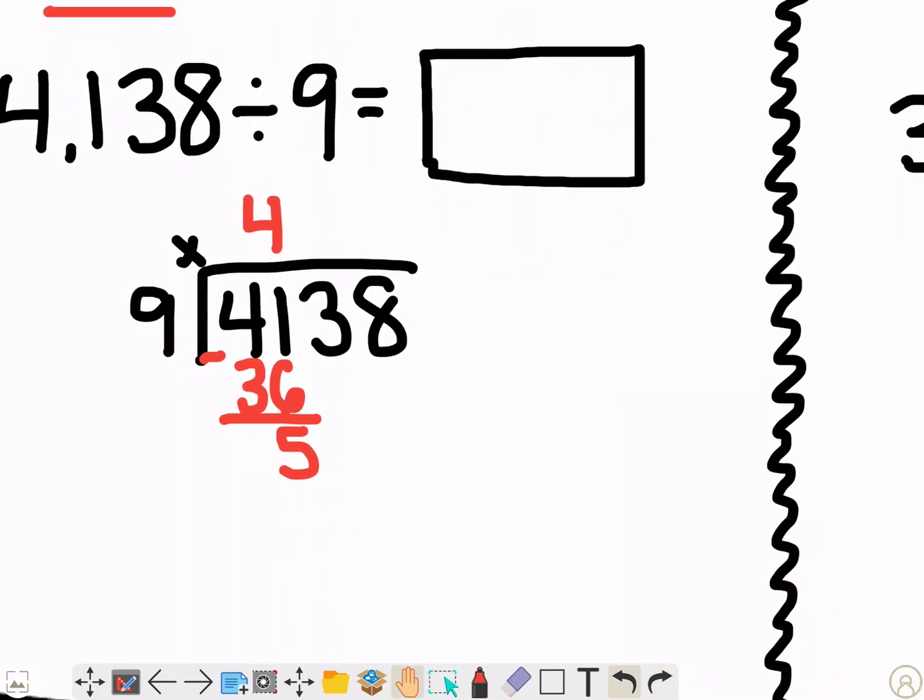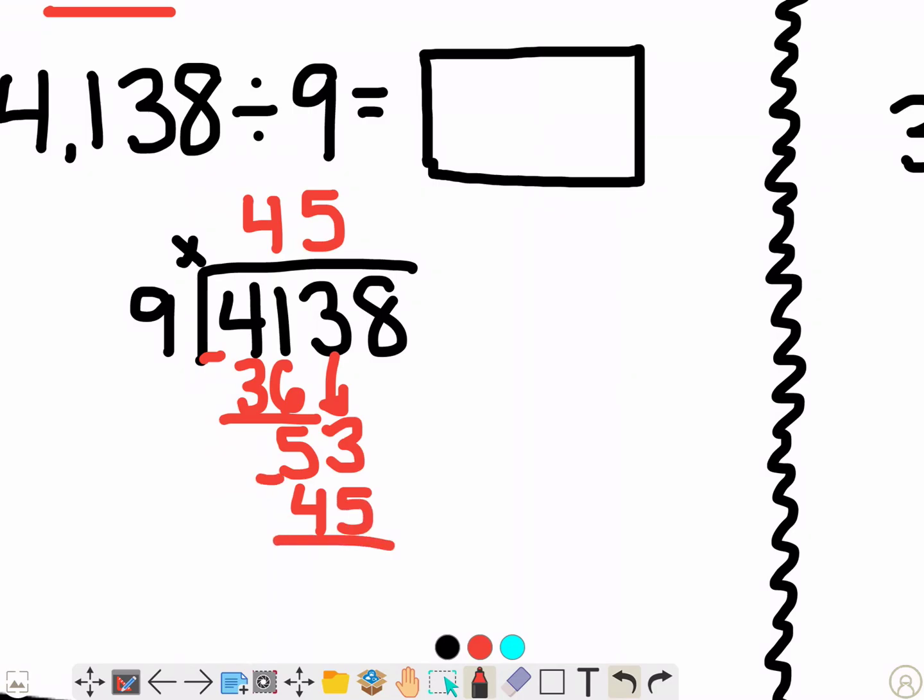Okay, so now I have 500s, and I'm going to bring down this 10. So instead of 500s, I now have 53 tens. Can 9 go into 53? Can't go in there evenly, but can go in there 5 times without going over, because 5 times 9 is 45. I subtract 53 minus 45.